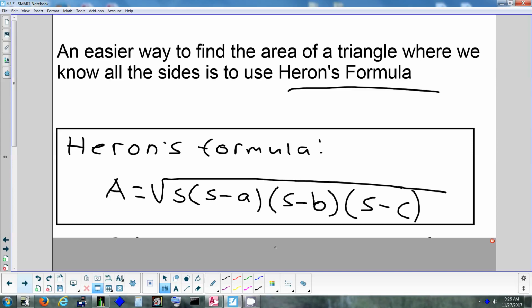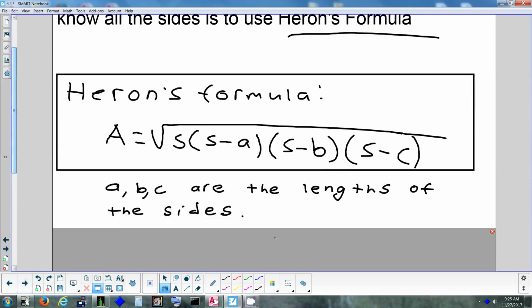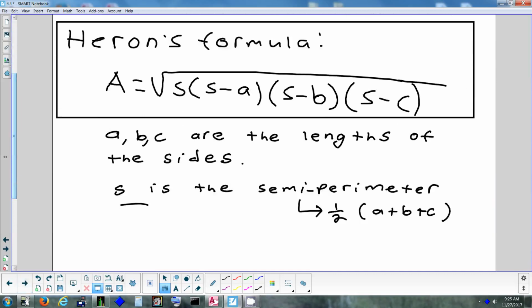All right, so there's a couple different letters here. I'm going to hope everybody already knew what A, B, and C were. Those are the sides. Have we seen S before? Is that a letter that we've used with triangles? No. We haven't used S. Okay, well, S, even though it's a new letter, it's not a very complicated idea.